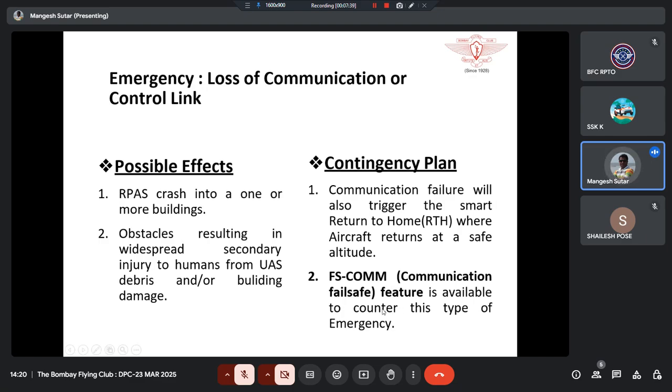This feature is available to counter this type of emergency. I can put this failsafe setting in the drone so that, let's say, after a period of 5 seconds or 10 seconds, if I'm not able to get the signal from the RC, it will trigger the RTH.